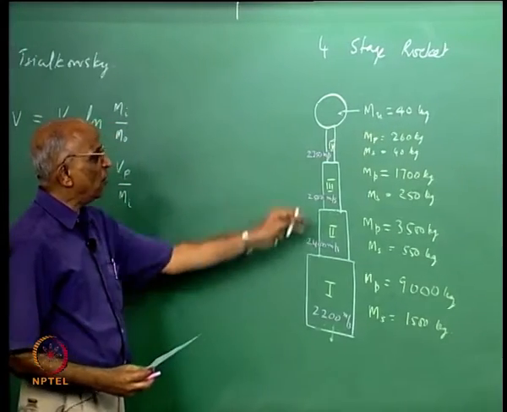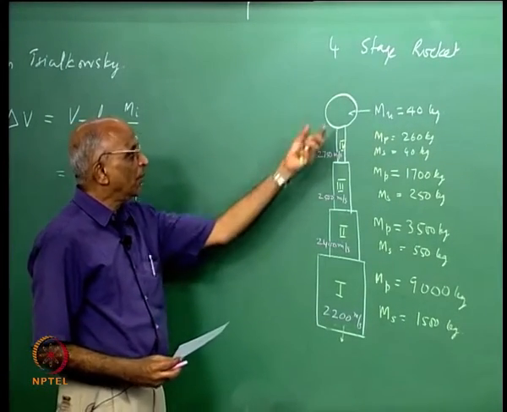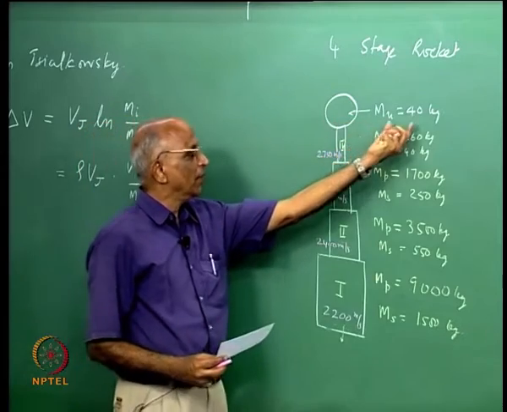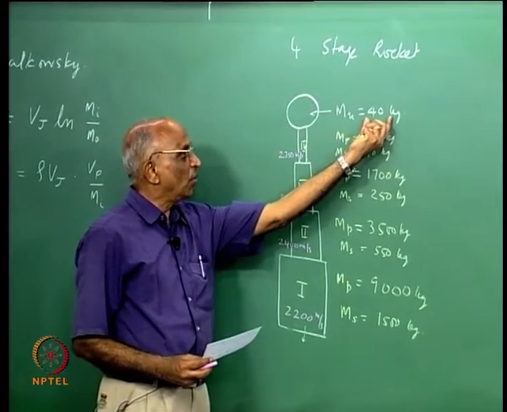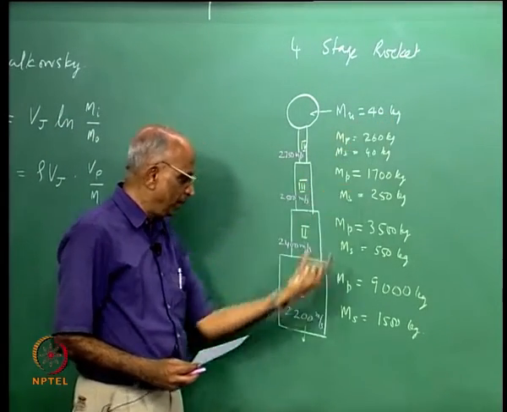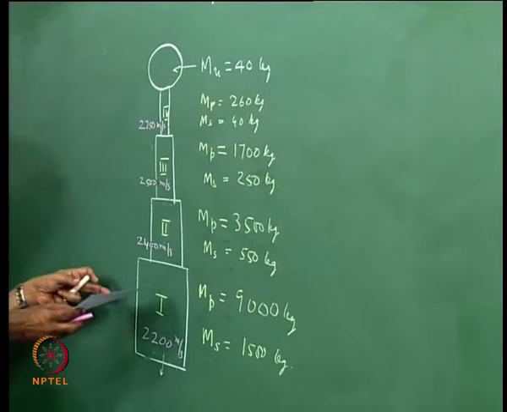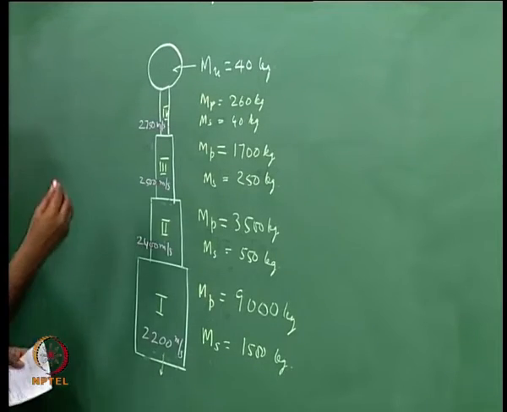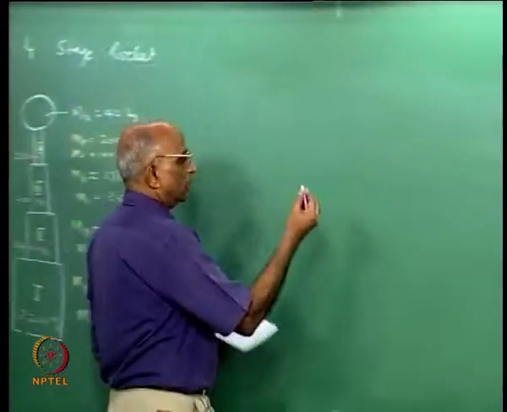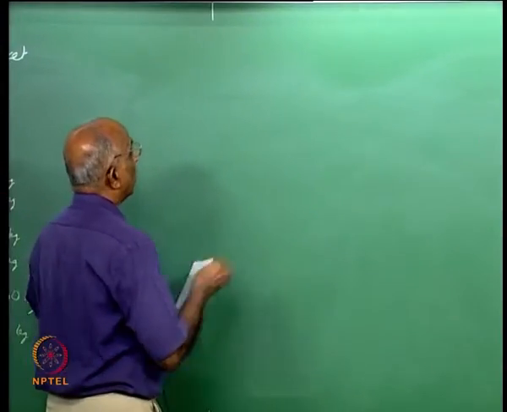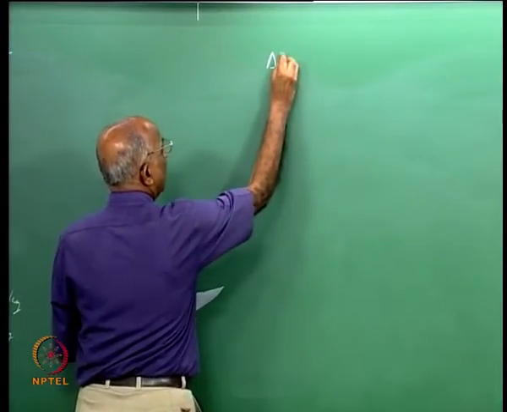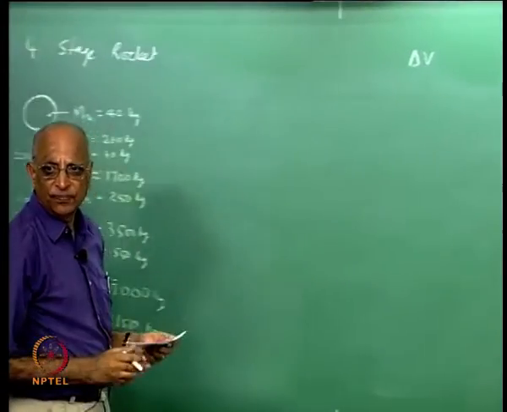Therefore, we have this 4-stage rocket with a useful or payload mass of 40 kg on top. It takes off from the ground, and our effort is to find the delta V of this rocket, or the total ideal velocity which the rocket gives.